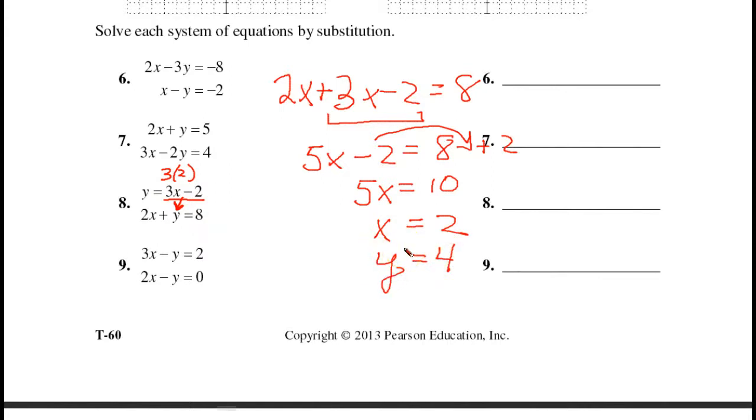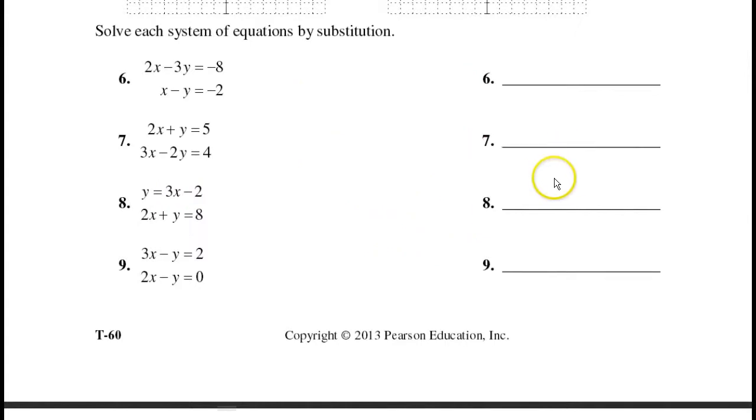So we get y equals 4. So our ordered pair, and let's see here. For that one was a 2 and a 4. Okay, I guess I erased it here too soon. All right, that's substitution.